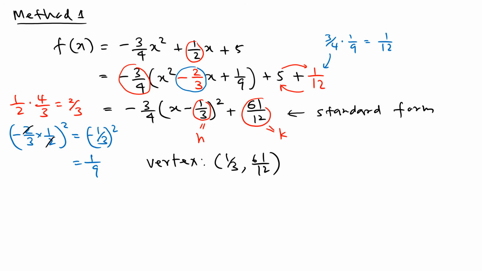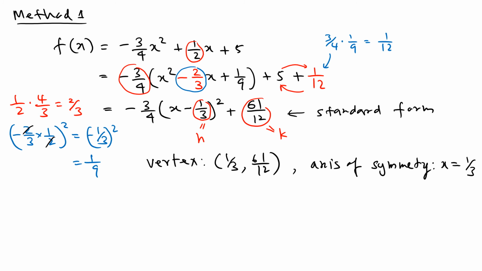What else is it asking? It's also asking the axis of symmetry, which is x equals the x coordinate of the vertex, which is 1/3. Okay, it's also asking the range, but before we find the range, we need to check whether this opens up or opens down.